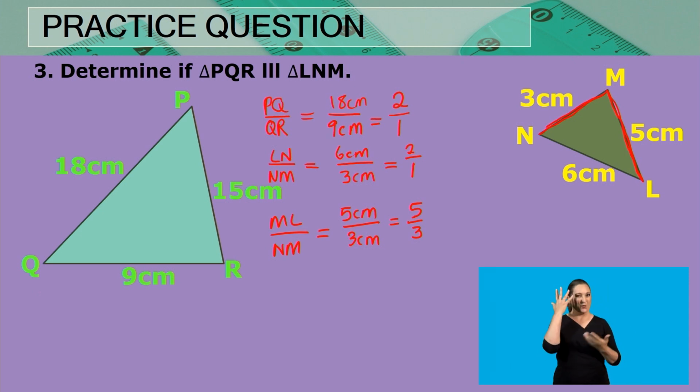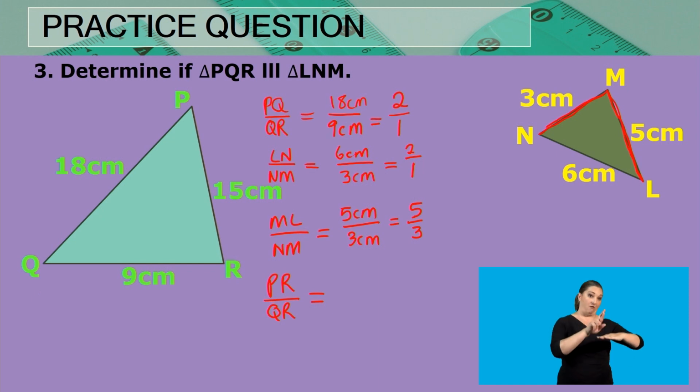So we already know that the corresponding side to NM is QR. So what is the corresponding side to ML? If you are thinking that it is PR, then yes, you are correct. So we are going to have PR divided by the corresponding side to NM, which is our QR.